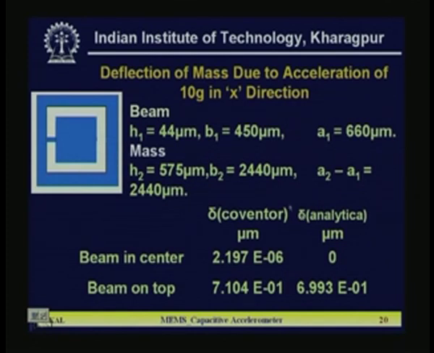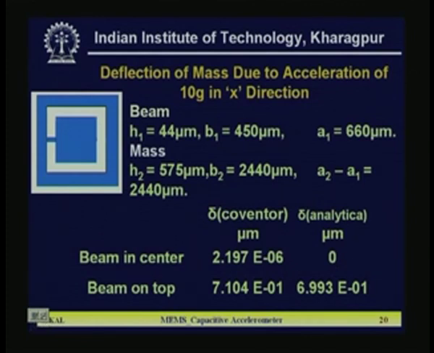So that we found: if the beam is in the center it is E minus 6, and with the beam on the top, E minus 1. So obviously, if the beam is at the center, it is better, and analytically it is almost 0, because it is analytical, straightforward, if you use the relation. So for the movement, if you apply the x direction, we assume that the z direction is 0.